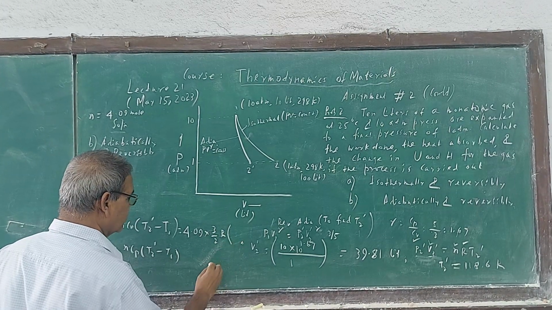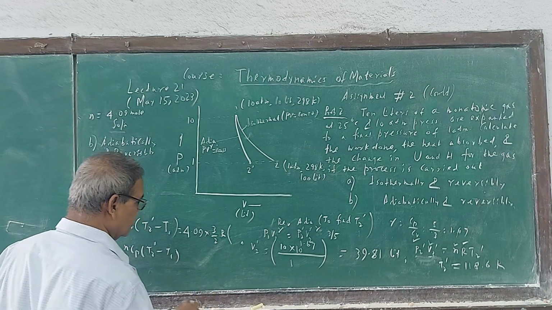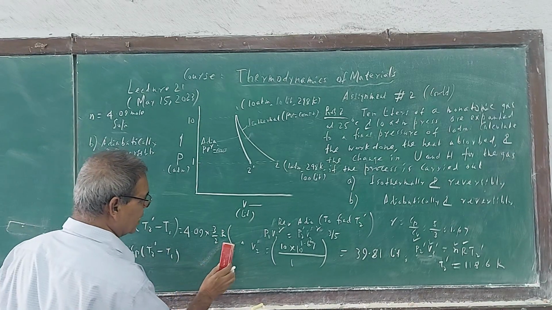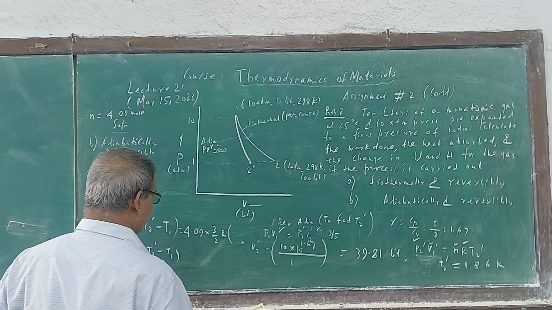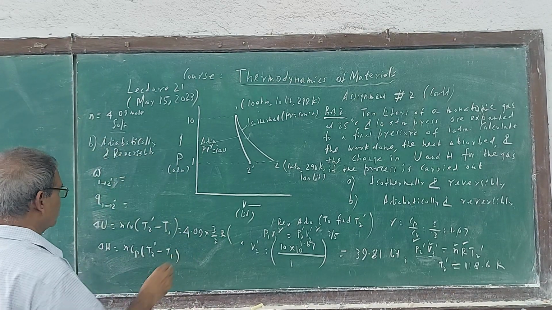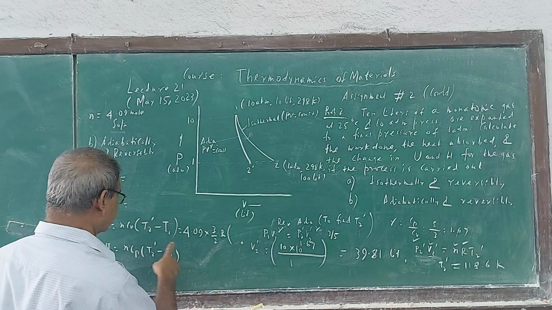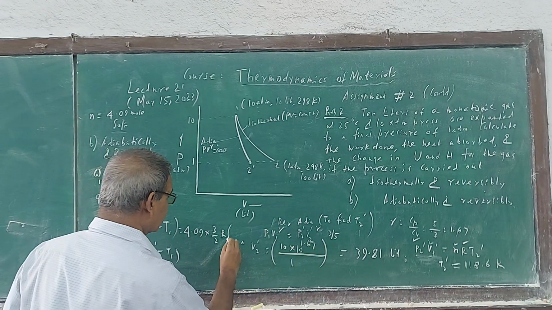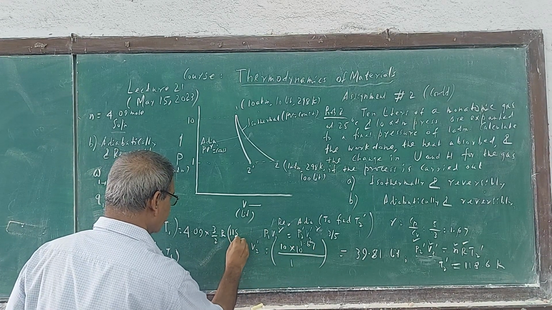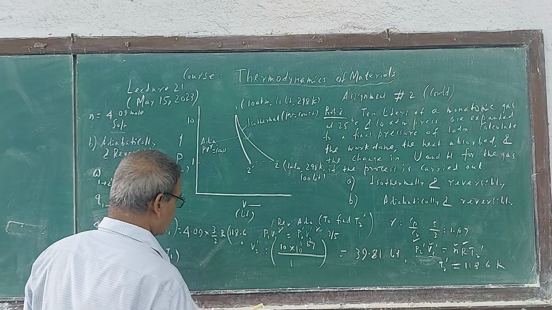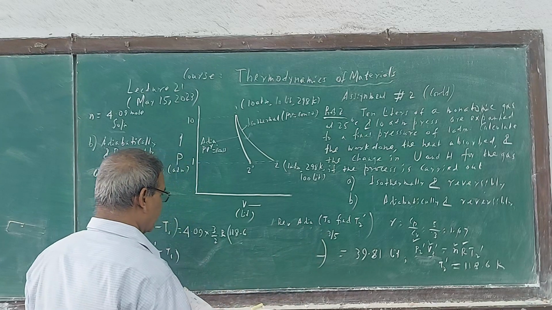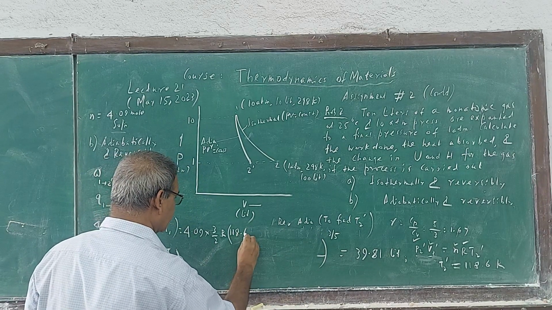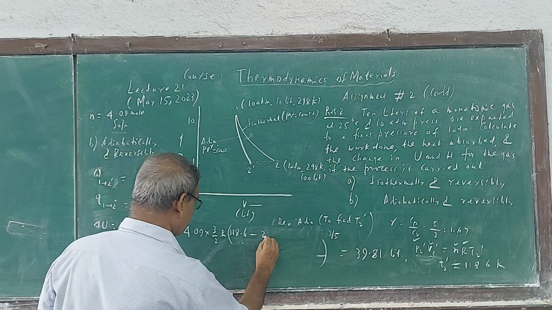T2 prime is 118.6 Kelvin, minus T1, which is obviously 298.